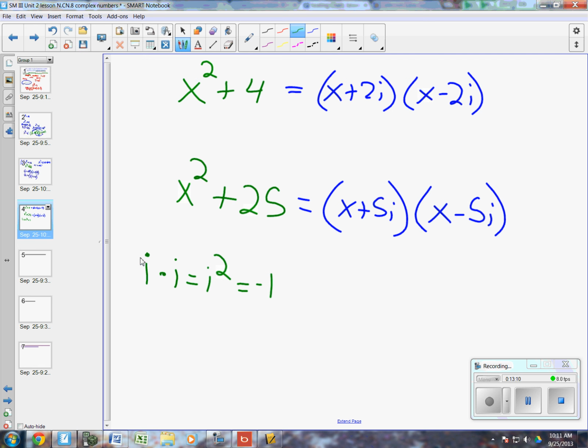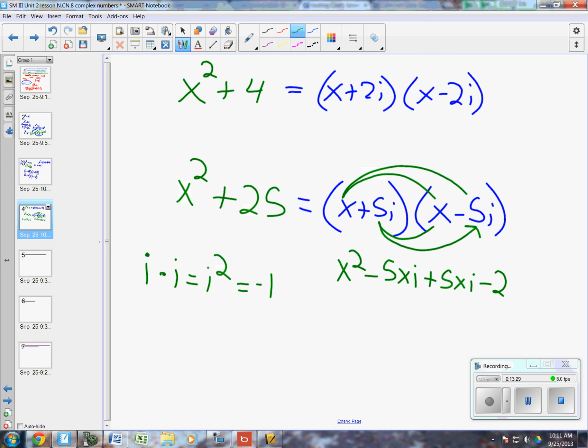Look, I'm just going to show you guys. x times x is x squared. x times negative 5i is a negative 5xi. 5i times x is a positive 5xi. And 5i times a negative 5i is a negative 25i squared. Do you see that?